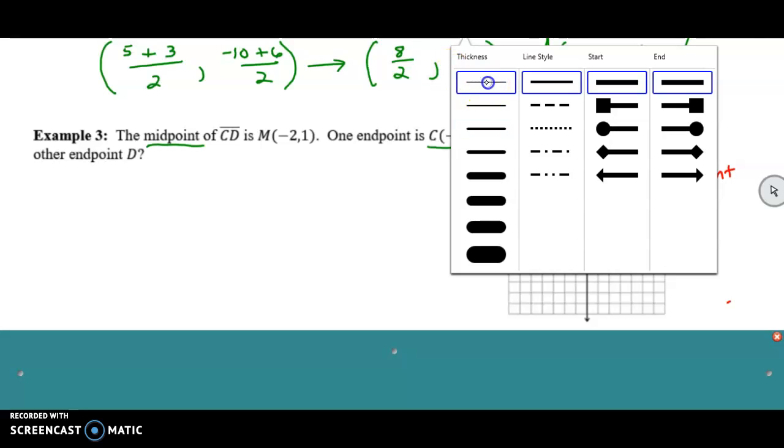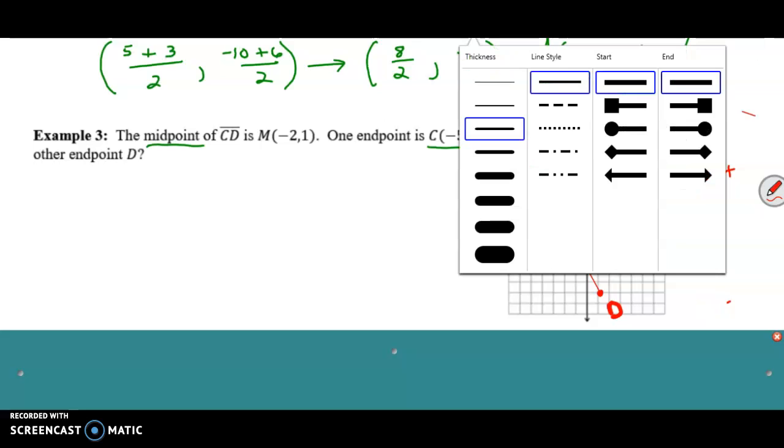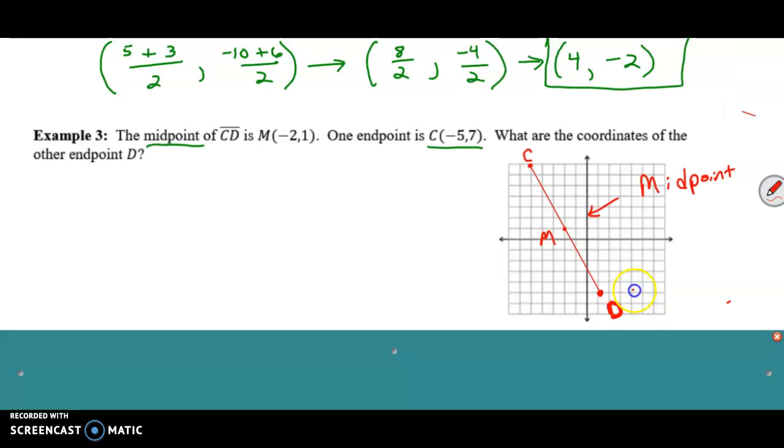Okay, if I start here at C, my segment is going to go down here through M, and somewhere down here in the fourth quadrant, I have another endpoint D. And that is what I am trying to find out. I want to know what are the coordinates of that endpoint. X, Y, question mark. That's what I want to know.